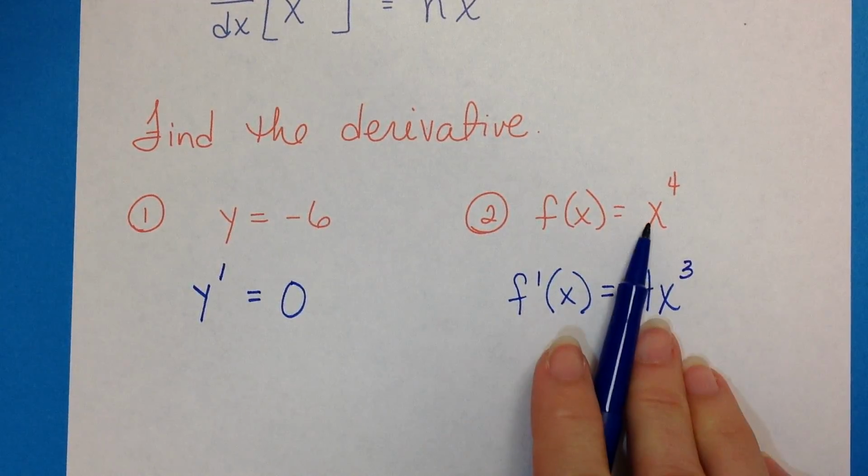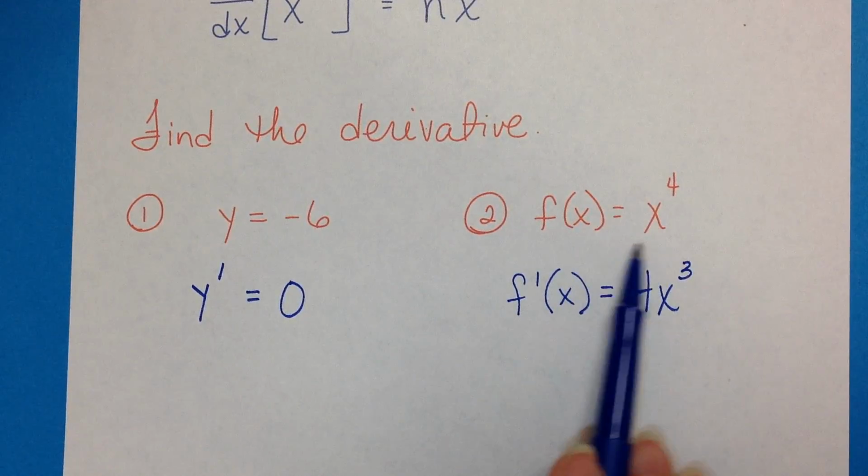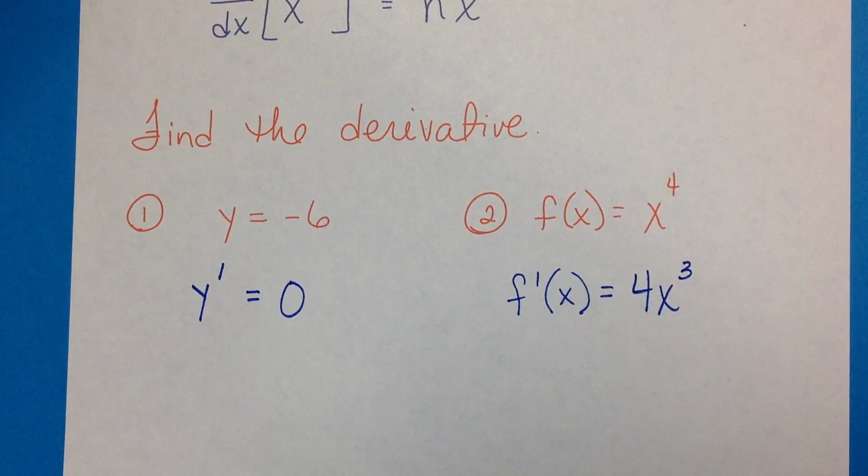So this is the derivative of this. Now, I mean, if you imagine having to use that limit definition with this, you'd have an x plus delta x to the fourth power that you would end up having to work out. So, and that would take you several minutes. So definitely this is a lot quicker. Okay, next.